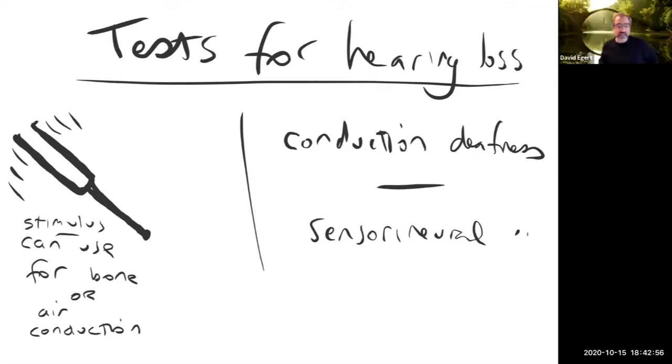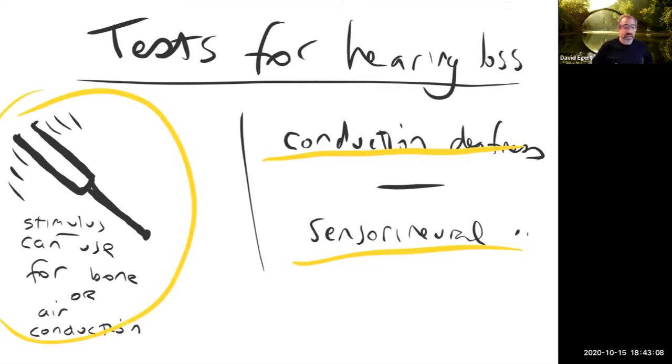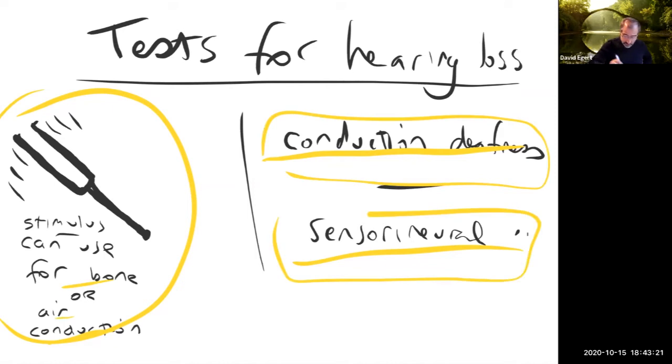So these tests are going to help us see if you have one or maybe some combination of the two. So this is the setup. The basic tool, we can stimulate the auditory system either through the air like normal or through the bone by jamming it on your skull. And we're going to have these techniques to help us look for conduction deafness and sensorineural deafness.